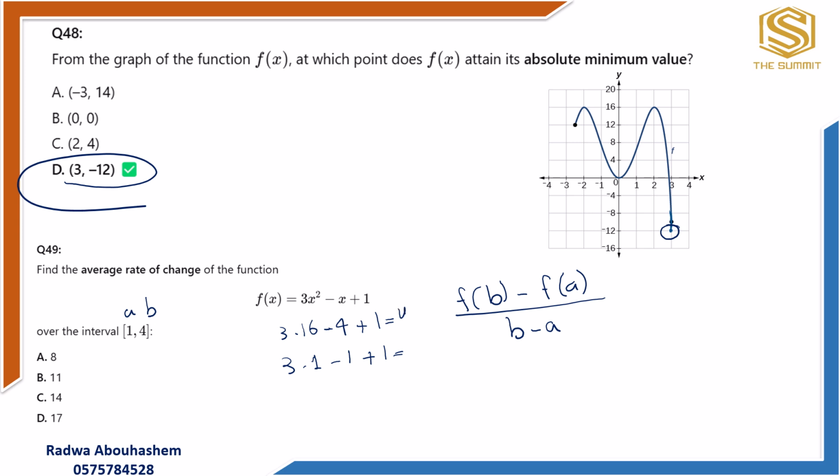So 3 times 16 is 48. 48 minus 4 is 44. 44 plus 1, 45. Now 3 times 1, 3. 3 minus 1, 2. 2 plus 1 gives me 3. So 45 minus 3 over 4 minus 1. 45 minus 3 gives me 42. 42 over 3 gives me 14. So the answer here is 14.